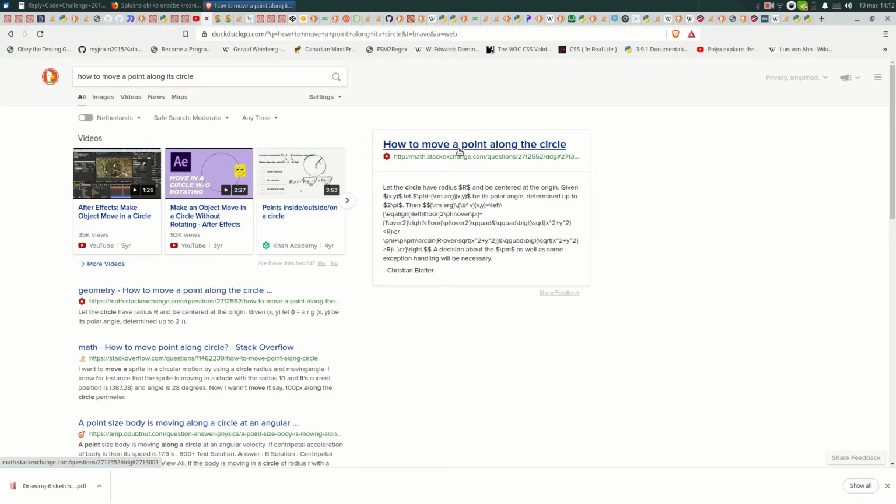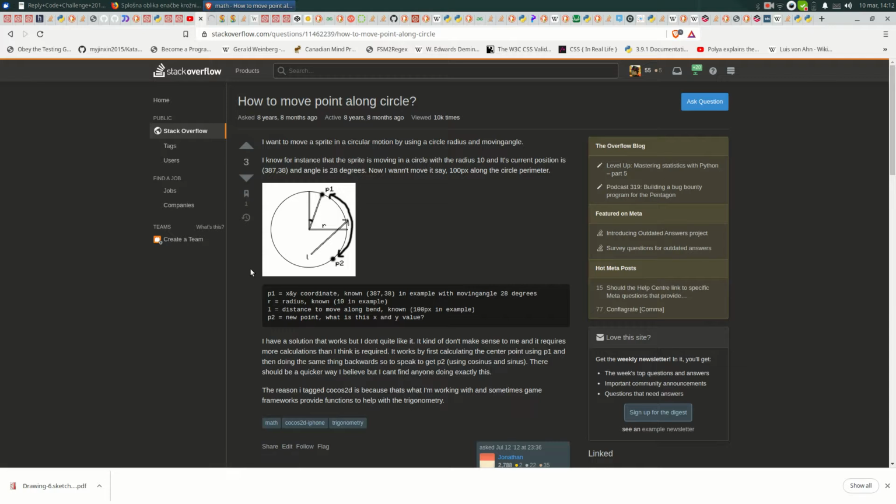So we have to move a point along the circle. Make an object move in a circle without rotating. Oh, that's After Effects. Points inside, outside on a circle. Maybe this Khan Academy could help. Let's first check this thing. I want to move a sprite in a circular motion by using a circle radius and moving angle. Fair. I know, for instance, that the sprite is moving in a circle with the radius 10.